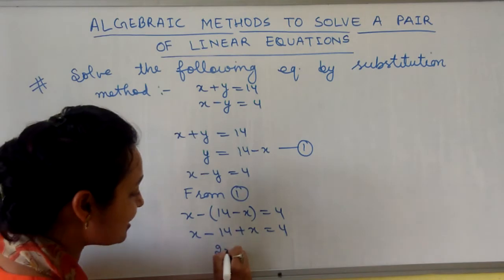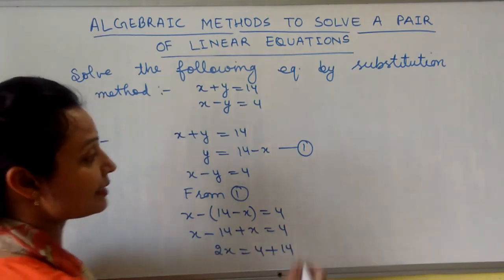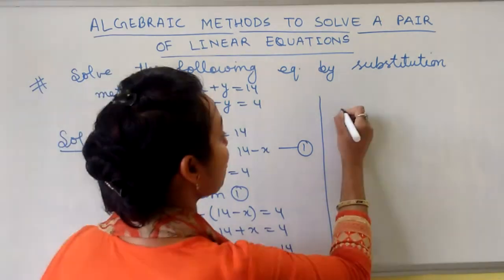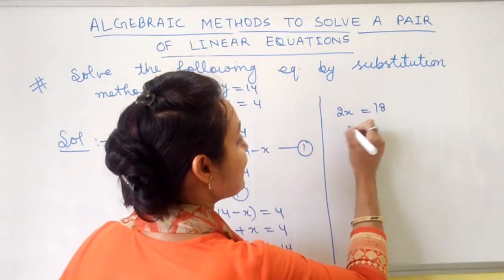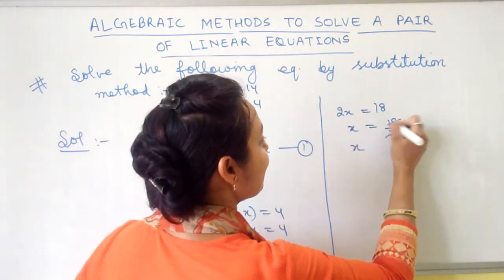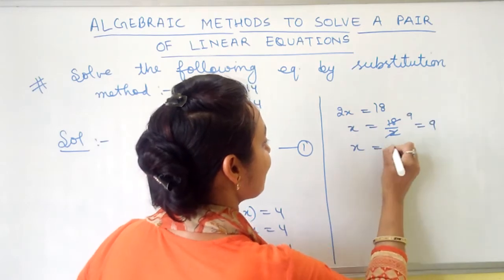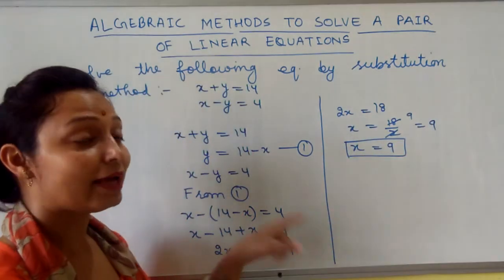That means 2x is equal to 4, and this comes on the right hand side, that is 18. So it becomes 2x is equal to 18, and x is equal to 18 by 2. That is x, after cancellation we get 9. The value of x is 9. So this is the way to solve x.